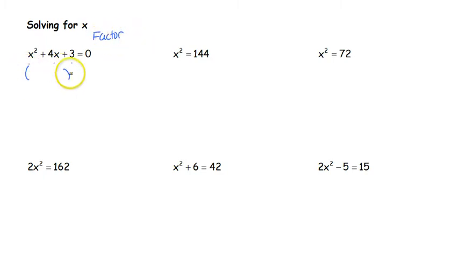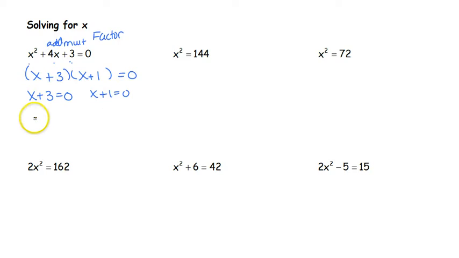So I'm looking for 2 numbers that are going to multiply to the outside and add to the middle. And we've got a positive product and a positive sum, so I know it's plus plus, and that's going to be (x+3)(x+1) equals 0. Once I have that, I'm going to use ZPP, the zero product property, to get x is -3 and x is -1.